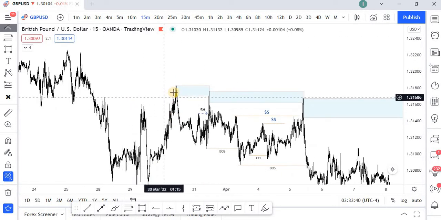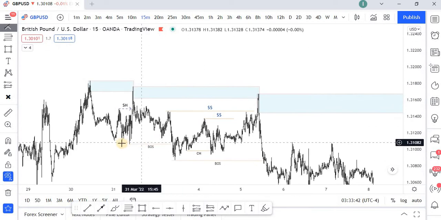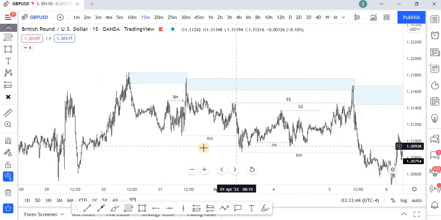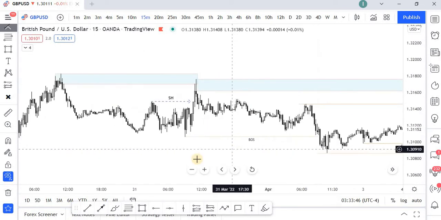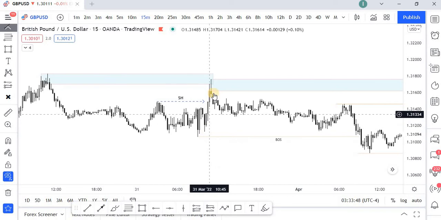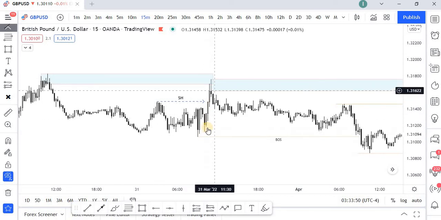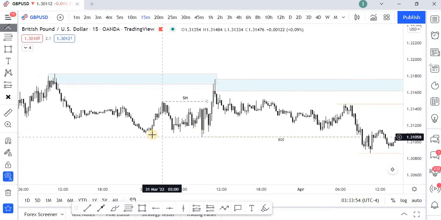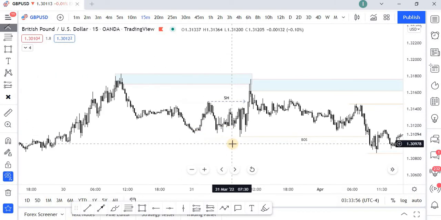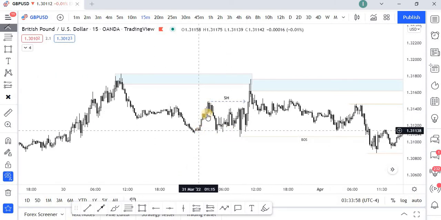We have this move clearing liquidity, and then we are focusing on this particular move. Look at this move that cleared liquidity. You can see that this is already a flip.